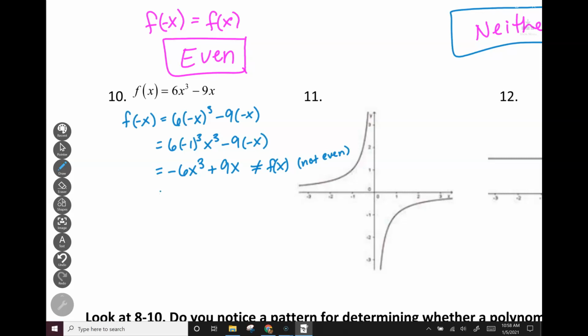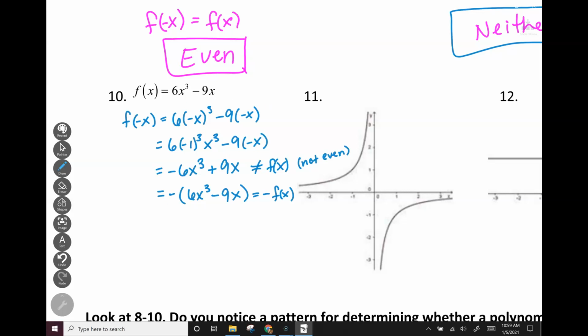Okay, let's factor out the negative 1 like we did on number 9. So take out negative 1. That leaves me with 6x cubed minus 9x. It just changes both signs in there. And notice that that actually equals negative f of x. You have a negative on the outside, and then what's in parentheses is equivalent to your original function, f of x.